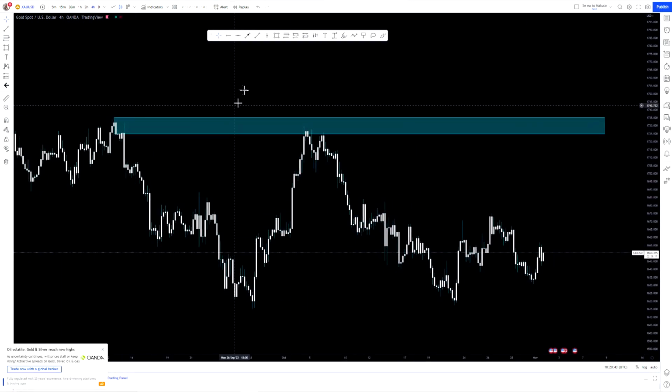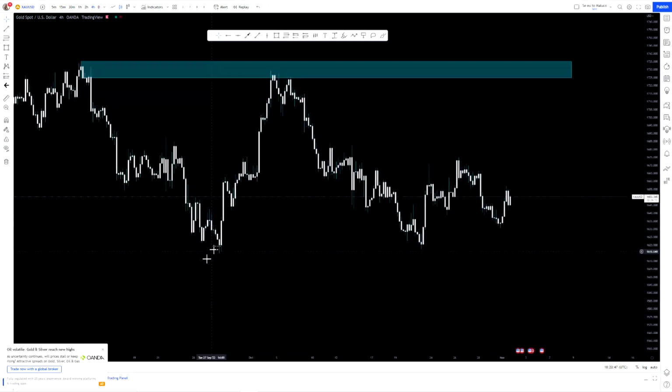Here we got, if we put our rectangle here.